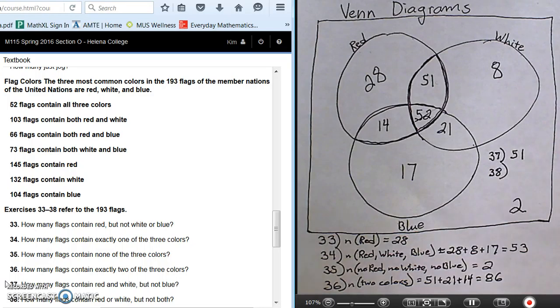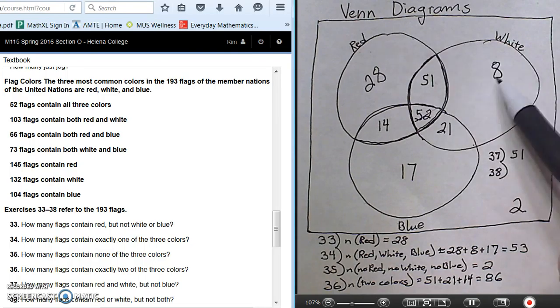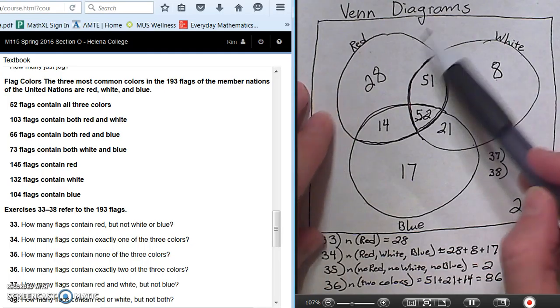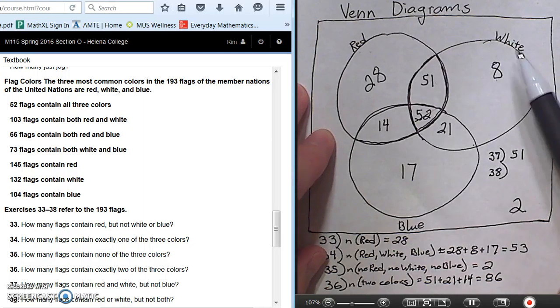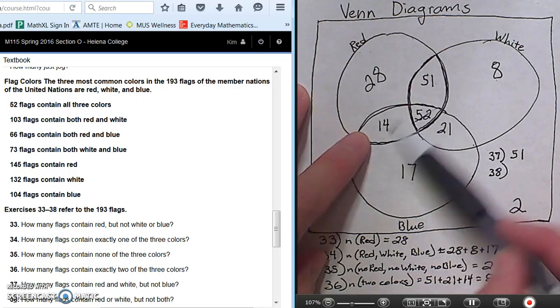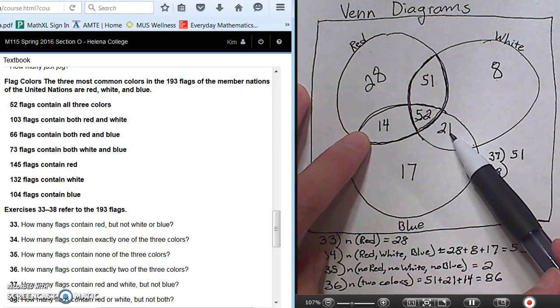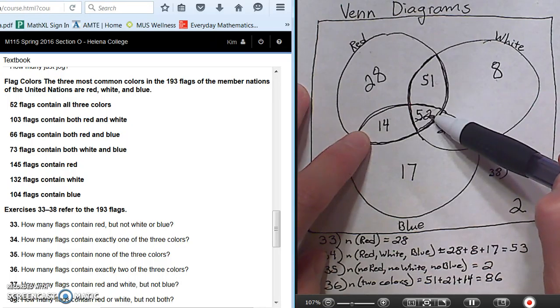Number 38. How many flags contain red or white, but not both? So I want red or white, but not both. Now there's a lot of values here that are in the red and white section. There's 28, 14, 51, 52, 8, and 21. I don't want to count the 51 and 52 because those flags have both red and white.